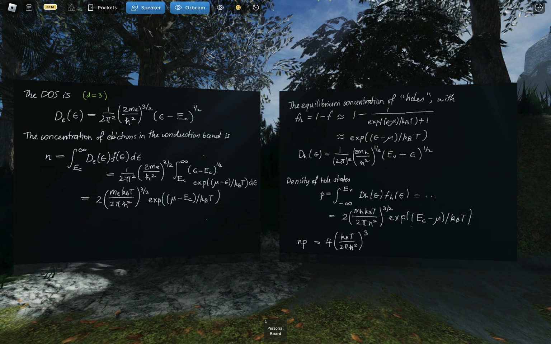Right now I don't care. So I just get E_C minus E_V here, right? And that's E_G, the energy gap. And this was the formula I wanted to get to. So the concentration of electrons in the conduction band times the concentration of the holes in the valence band is given by this formula.